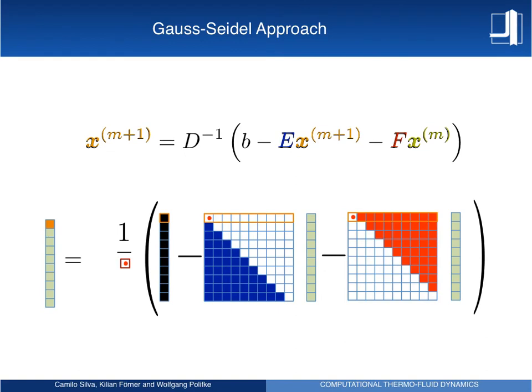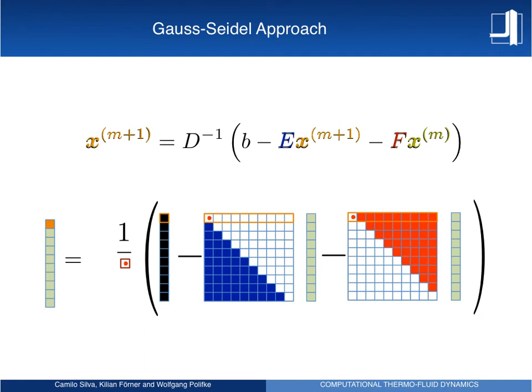So let me explain what we have here. We have the vector x_m, shown in light green. Forget about this for the moment. And x_m plus 1 is going to be an orange one, but in this vector it's shared, so the first element belongs to x_m plus 1, but the other elements belong to x_m.